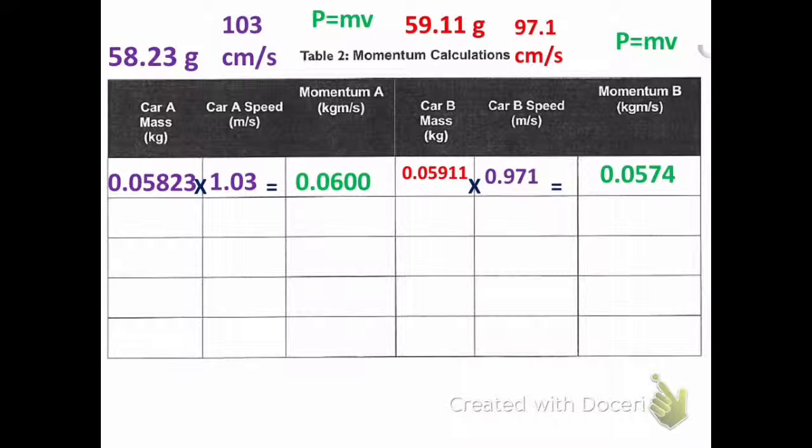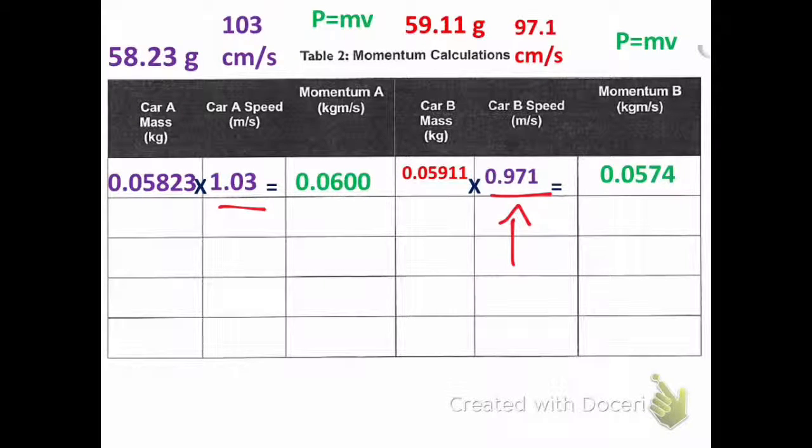Now, in this first trial, our speeds were very similar because both cars had the same mass. And so when the energy was transferred, all of that speed was transferred. Now, you might notice that speed B is a little bit less, and that's going to be because not all of that energy is perfectly transferred.